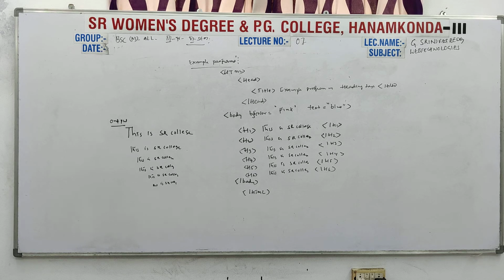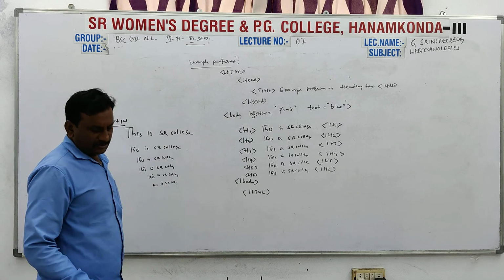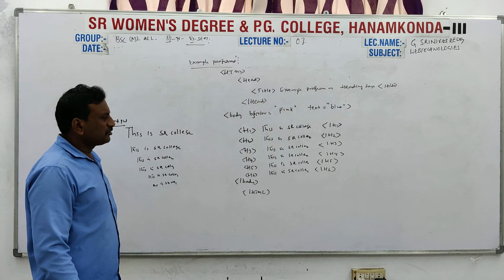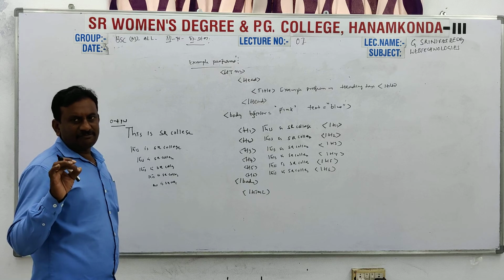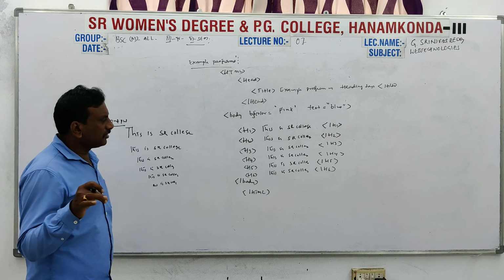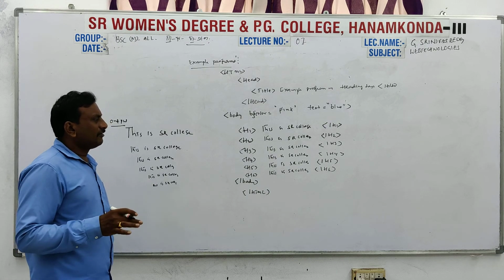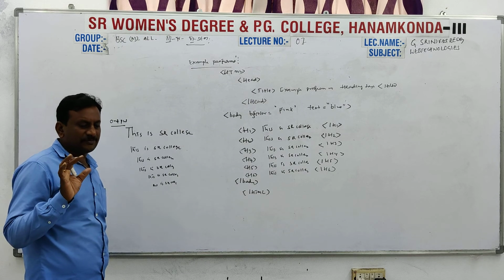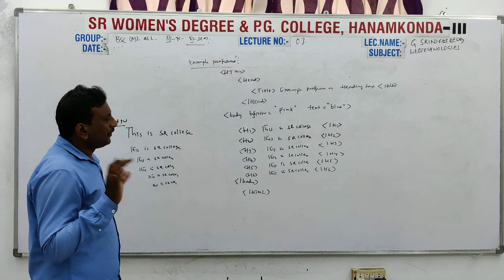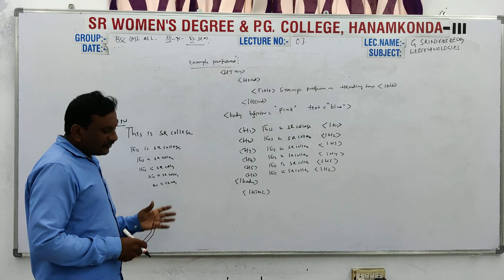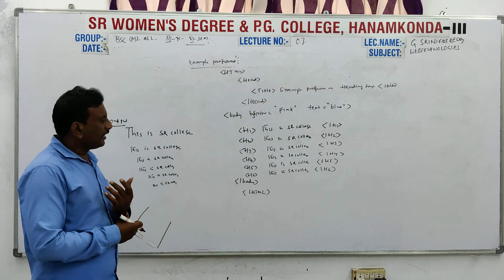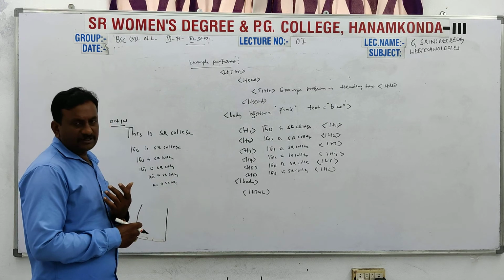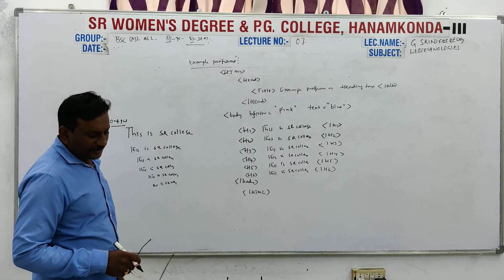Easily, instead of using font face, font size 20, you can use H1 for the very beginning heading with a big display. Otherwise, for a smaller size, H2 or H3, H4, H5, H6. That is heading tags.